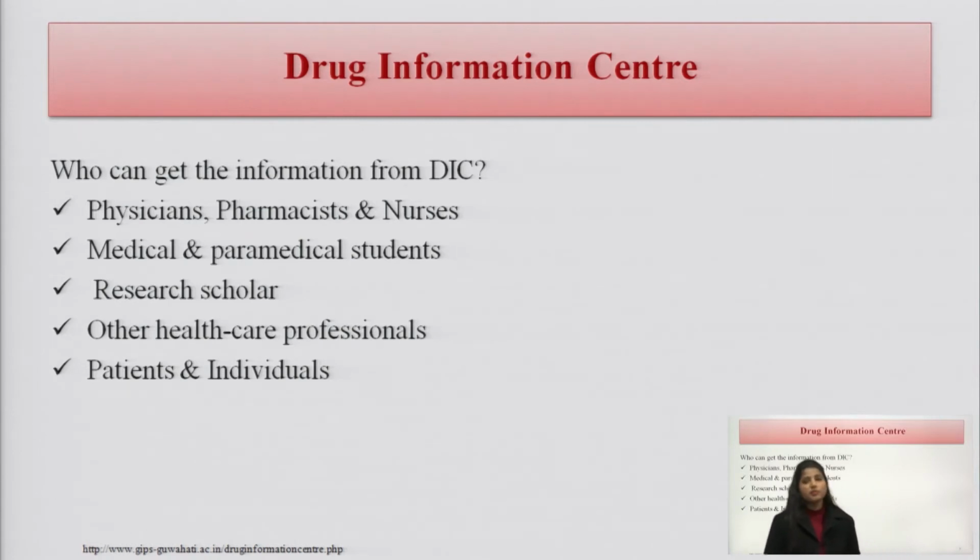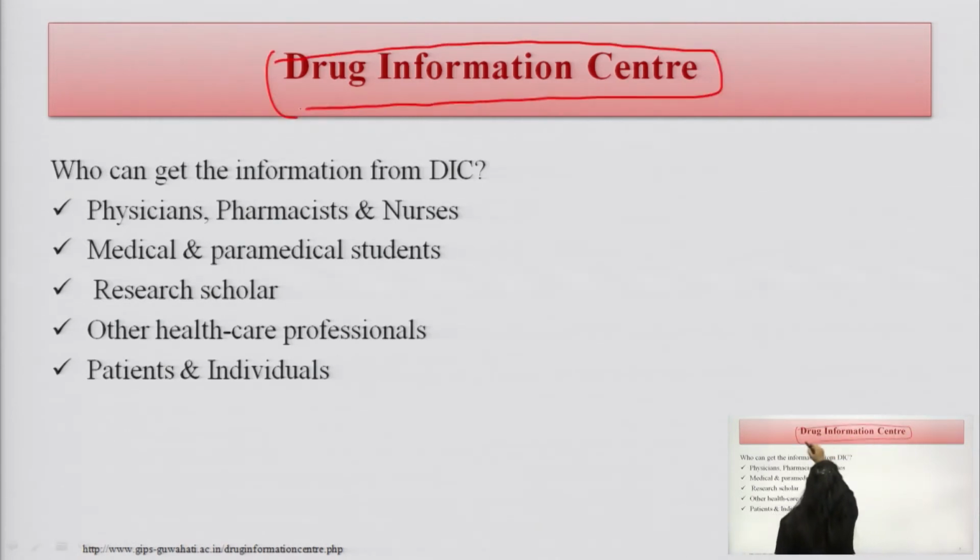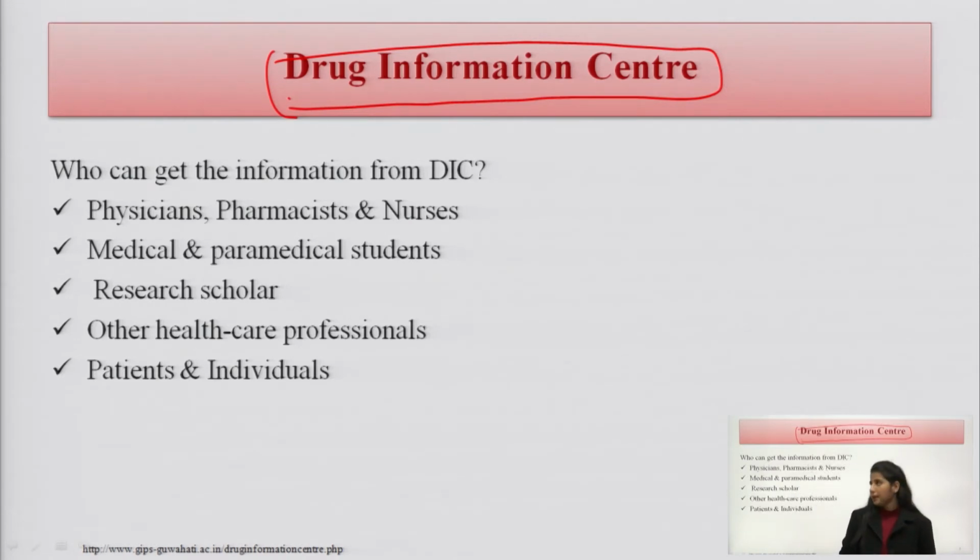Now, the Drug Information Center. Who are the working professionals? The question arises: who are the working professionals for the Drug Information Center? Let's see who is working there, who is giving information to the layman, the pharmacist, the healthcare professionals or the patient.